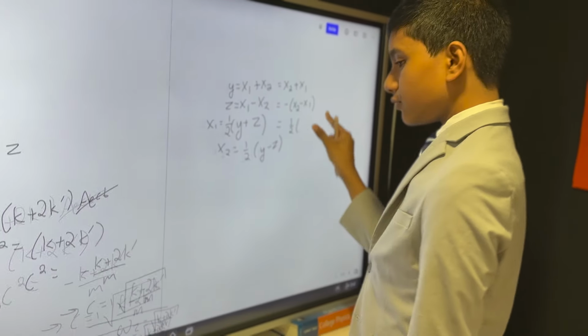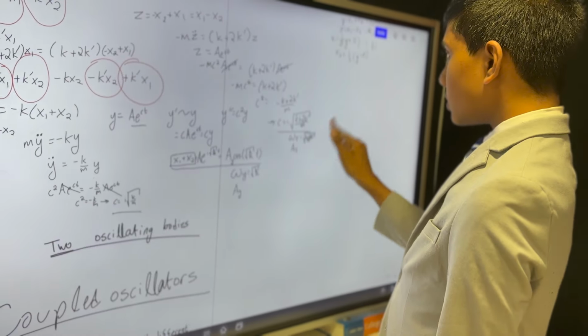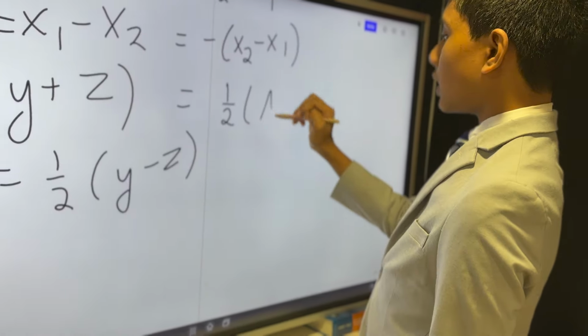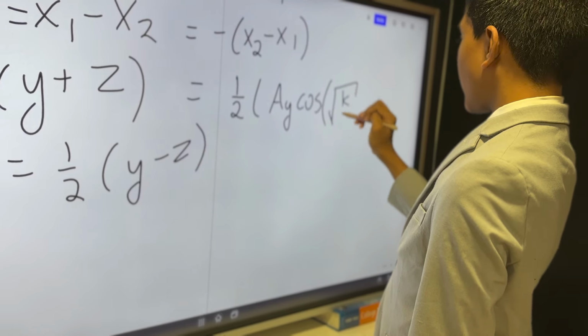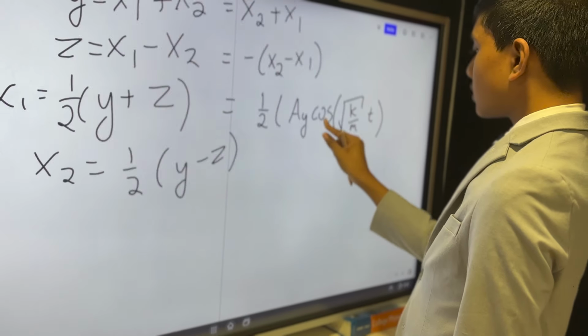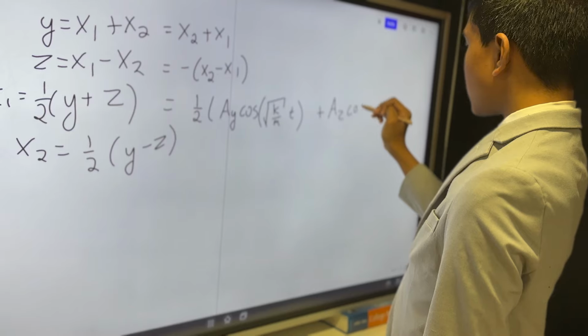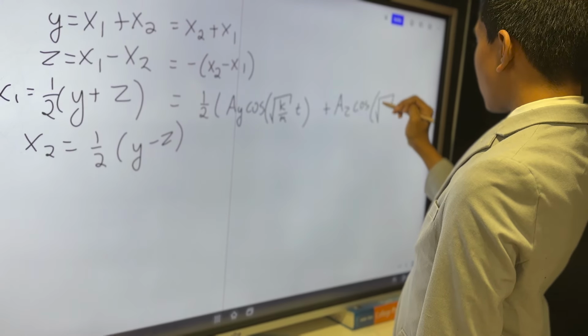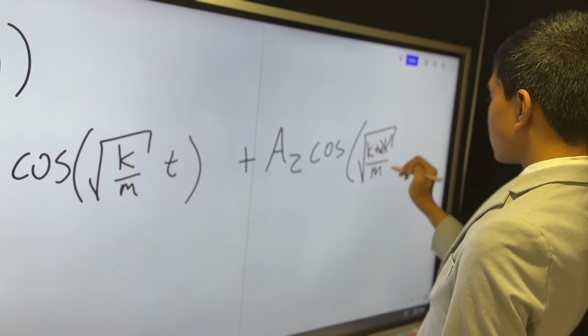Well, we have half of what's y. It's ay cosine of the square root of k over m t plus az times cosine of the square root of k plus 2k prime over m t.